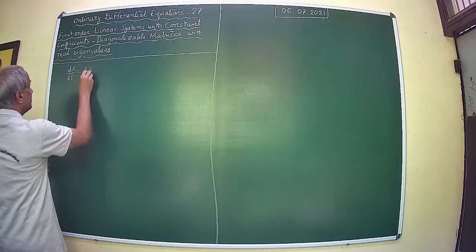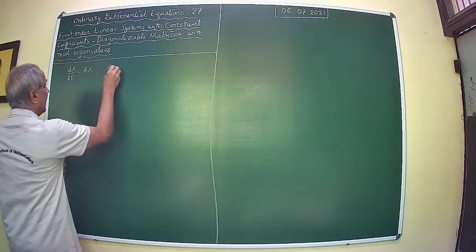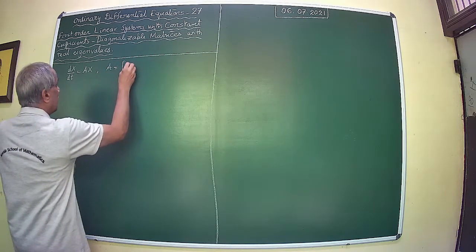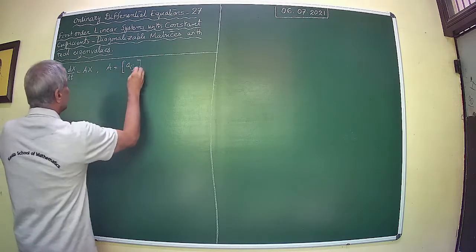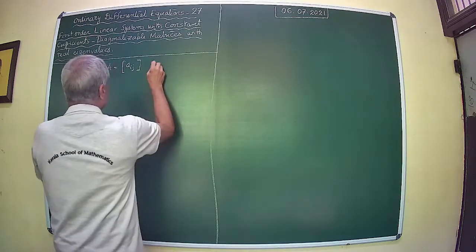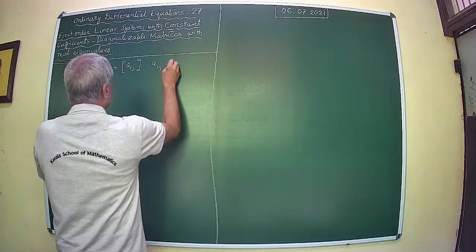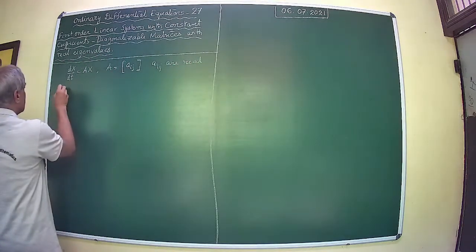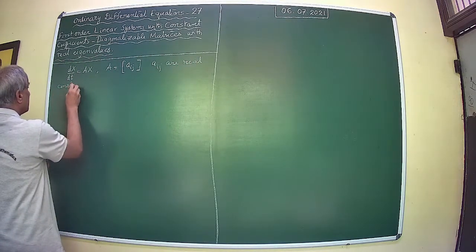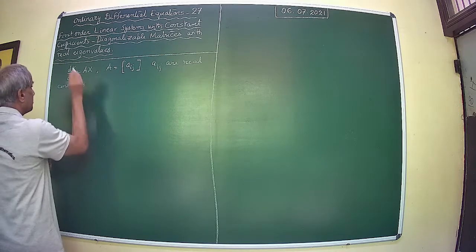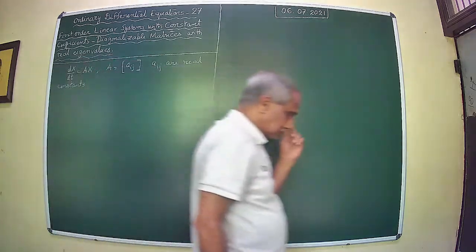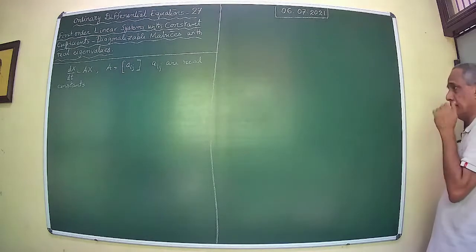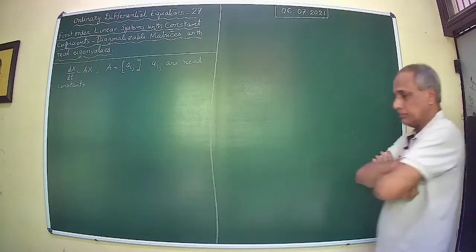x prime equals Ax, with A taken as (a_ij). Assume this is the scenario that we are taking up.